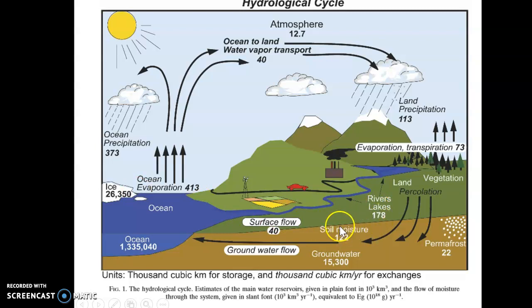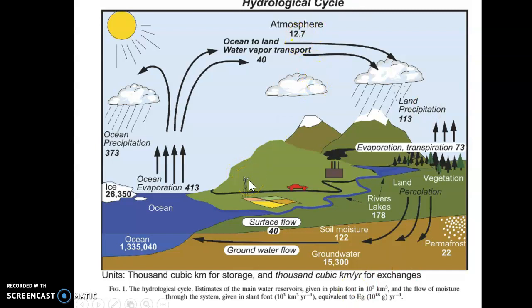So what are we talking about here? Well, the italicized ones, if you look down at the bottom, are the flows. They call that slant font. I guess that's a simple term for italicized. And then the reservoirs are given in plain font. And don't worry about the units. I'm just going to call these units here, and later we're having another slide where we're going to talk about this. So these are just units.